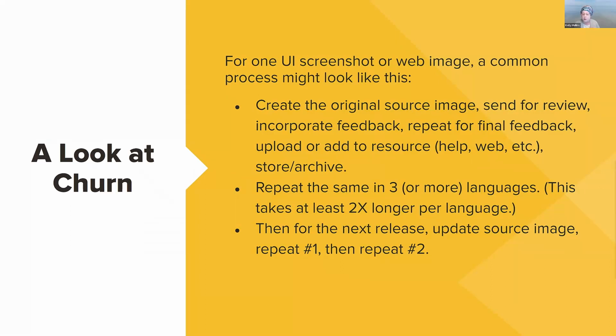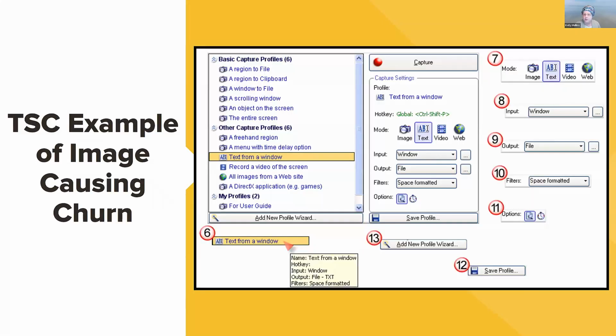I repeat the same process in 3 or more languages, and every language takes at least 2 times longer. And then for the next release, because we have so much vested in this one image, we need to update it, and then we repeat number 1, we repeat number 2, and we're in this cycle of churning. So let's look at that visually on the next slide.